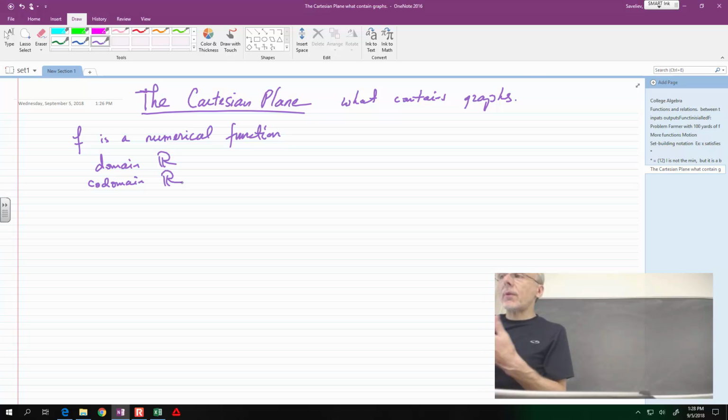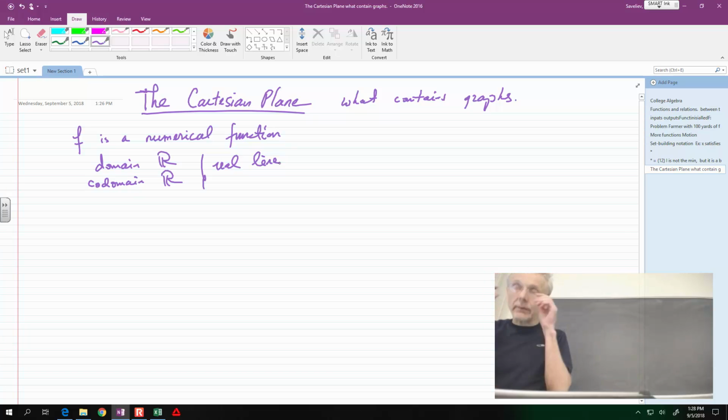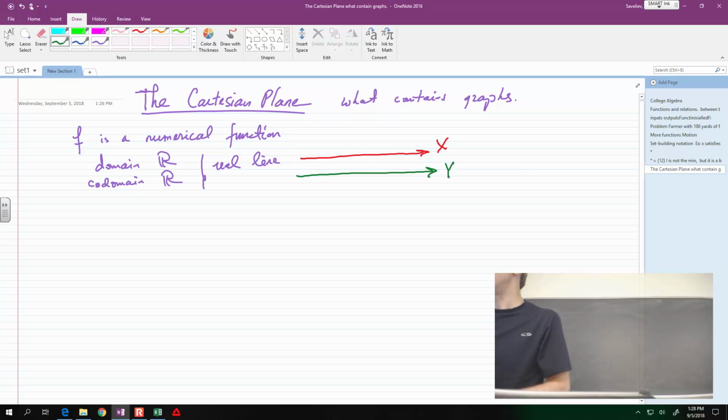Both of them are our real line. But it's not the same line. Even though it's made of the same numbers, we can say, for a matter of convenience, more than just convenience, that these are two different copies of the same line. So I put it like this. This is my domain, X, and then I have my codomain, Y. So they're different.